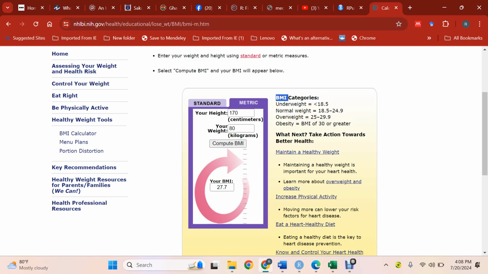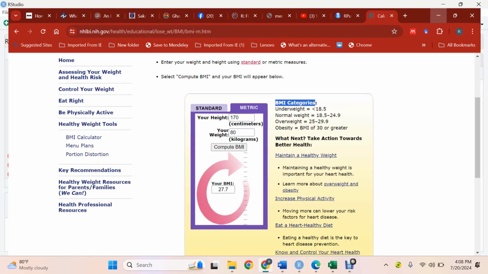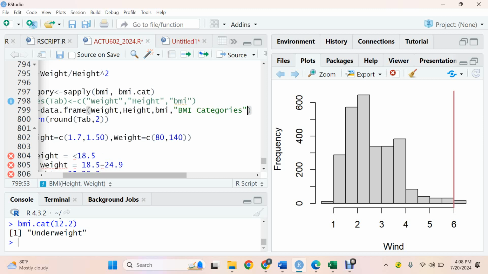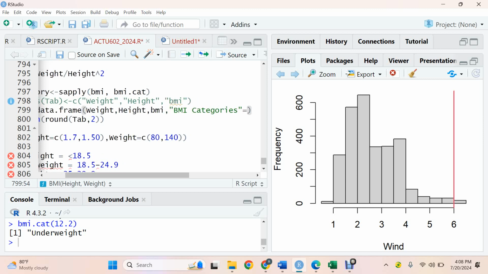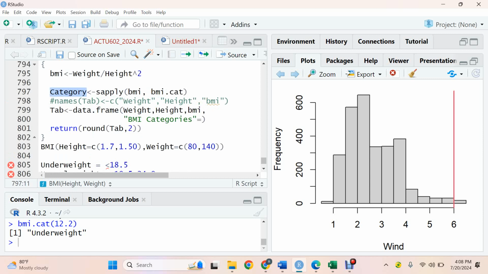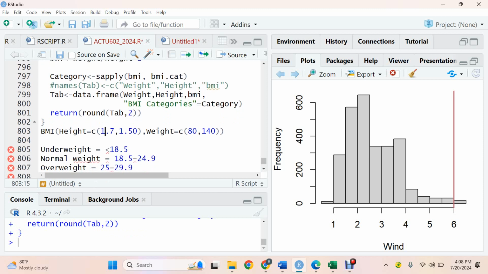So I can now say that BMI category is equal to, what was the name? It's category. Okay. So now I think we are good to go. Let me see if this will work.